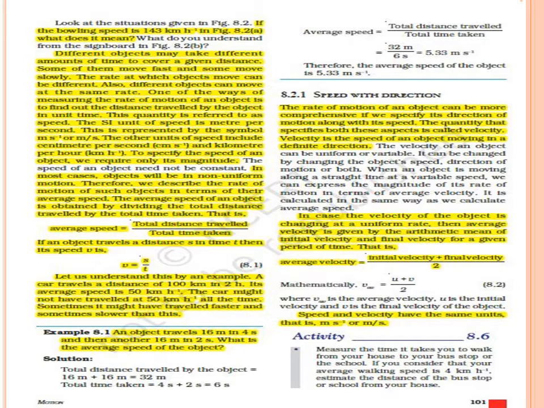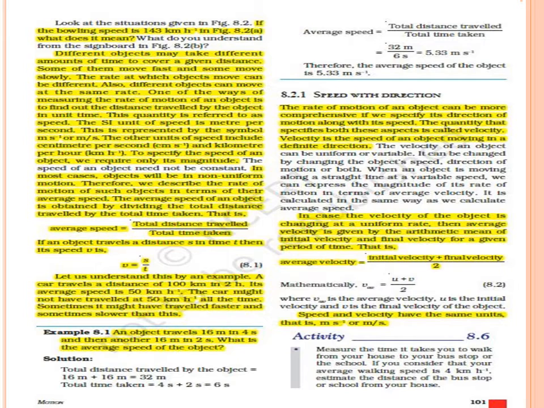This formula is not so important, because in case of numericals we will consider another formula which has not been written here, but please note it down. I am saying the average velocity is equal to the total displacement by time.